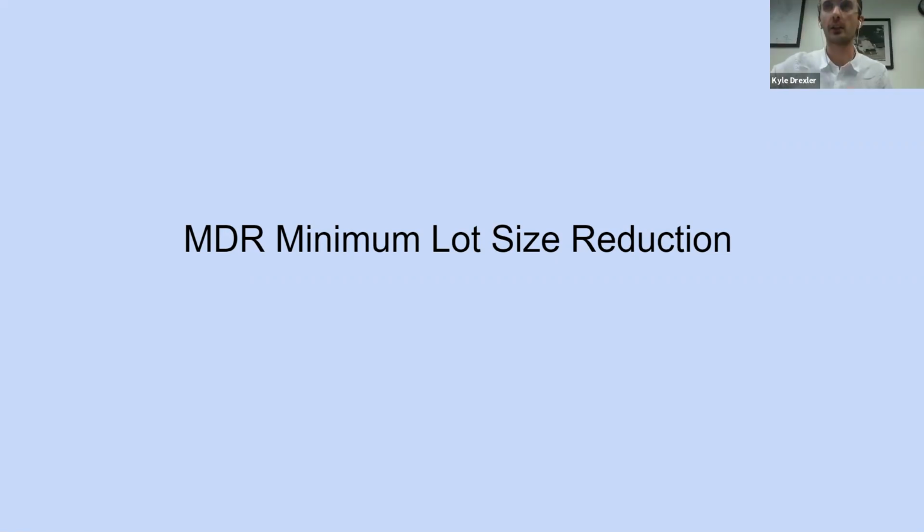Okay, so the third piece to this rezoning amendment is also something recommended in the comprehensive plan, and it is just a medium density residential district wide reduction to the minimum lot size. This is specifically to lots in the MDR that have access to public water and sewer. So the minimum lot size for those lots right now is 20,000 square feet.